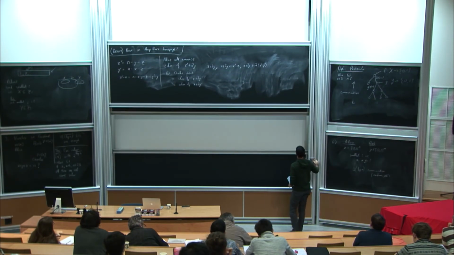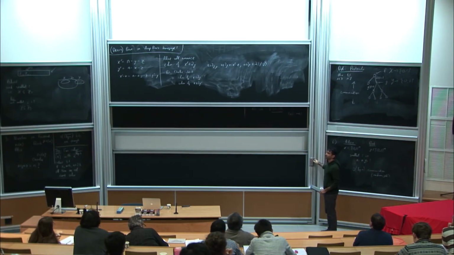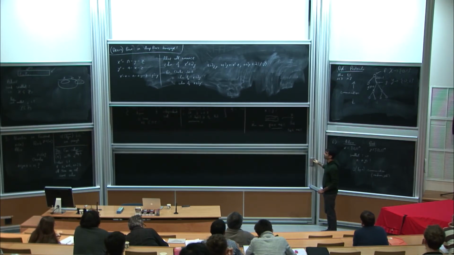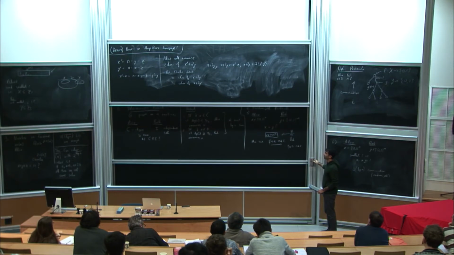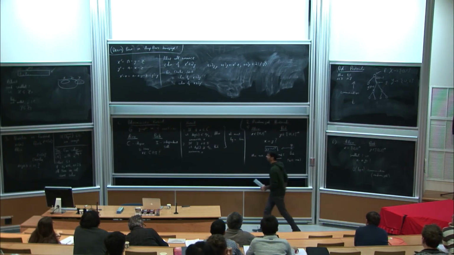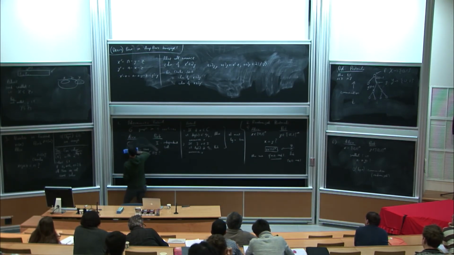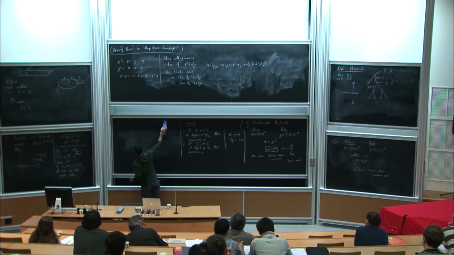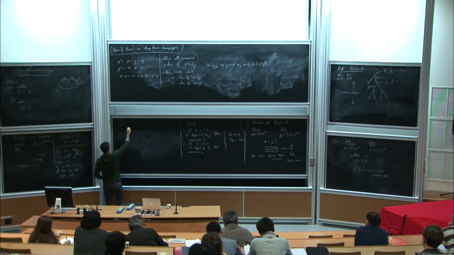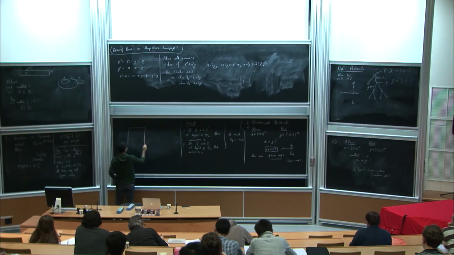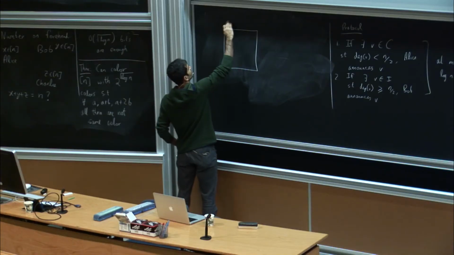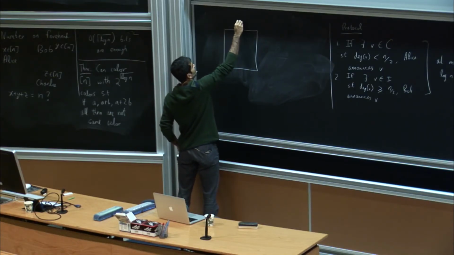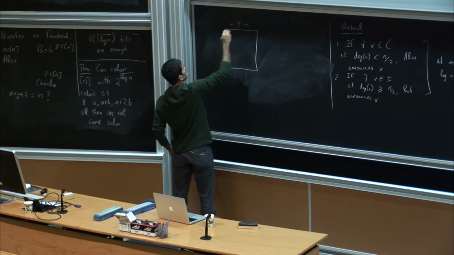So let's do a visualization of what happens when you run the protocol on an input. That's the last thing I want to describe. Suppose you have the space of inputs, x cross y, and I'll arrange them in the form of a matrix. Here are all the y's, and here are all the x's.